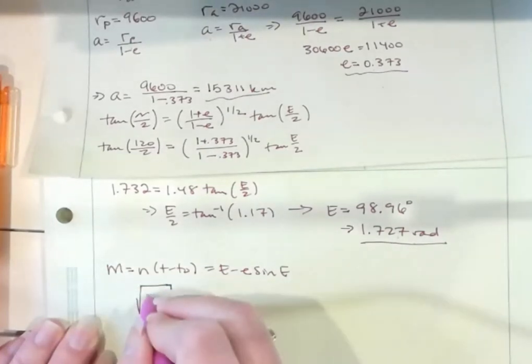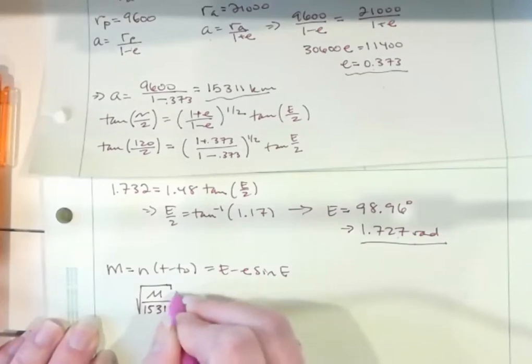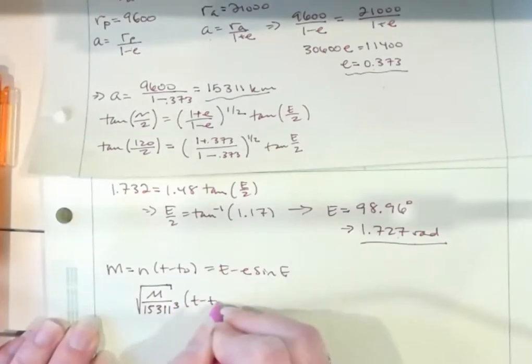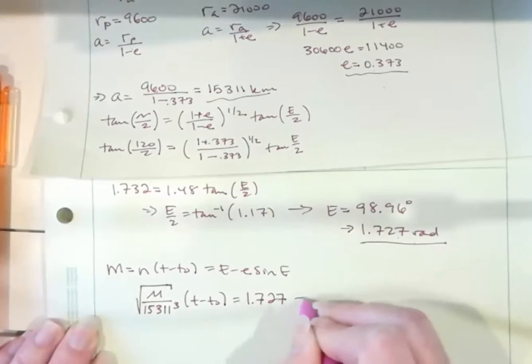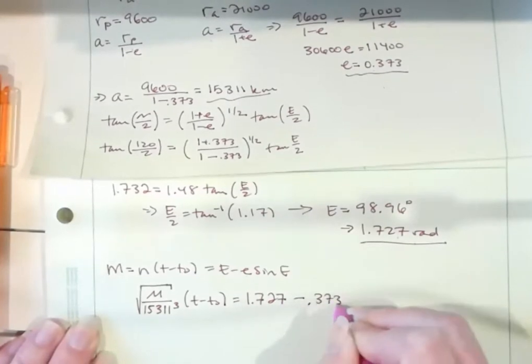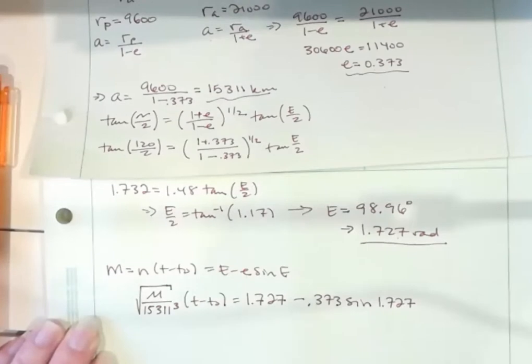So basically we can say square root of mu over a, which is 15,311 cubed, times t minus t0 is equal to 1.727 minus 0.373 sine 1.727. Okay. So our unknown here is this time right here. Okay, so solve for that.